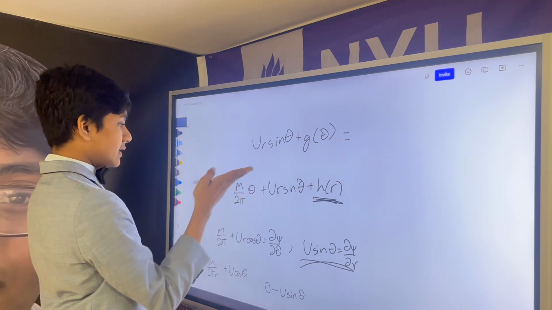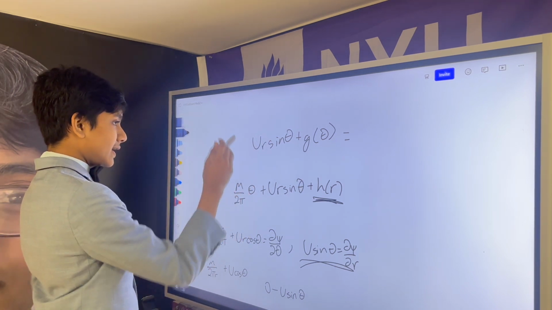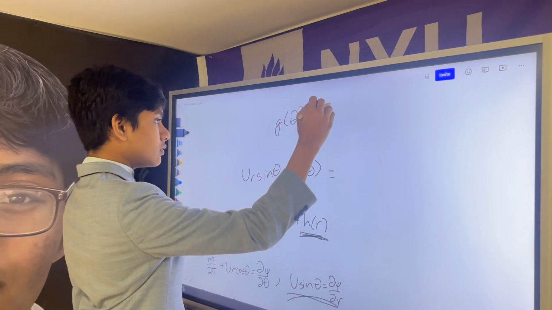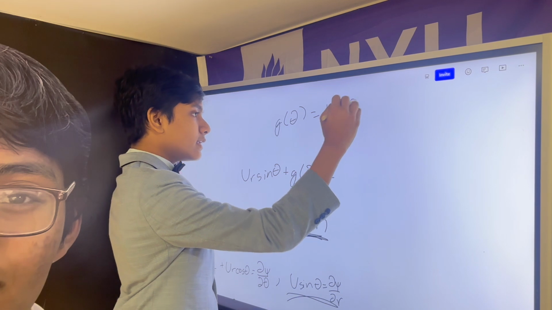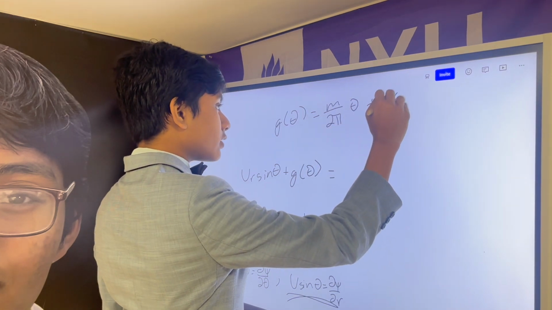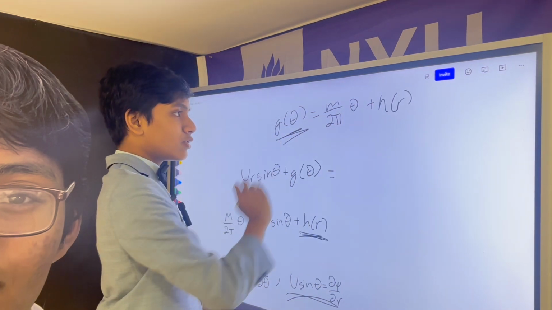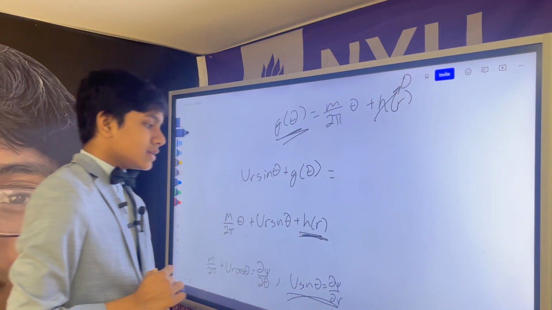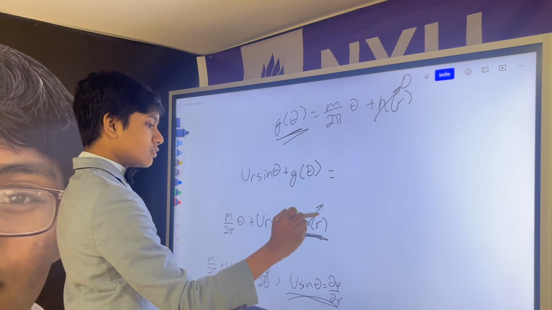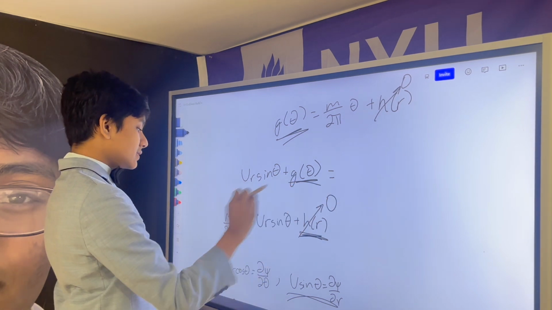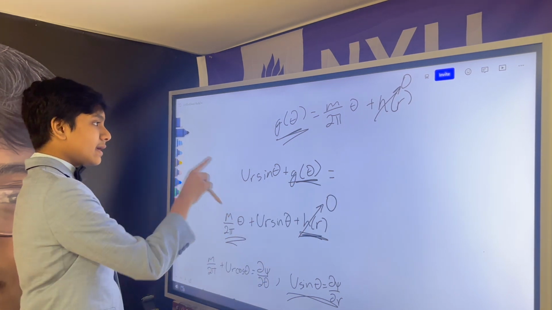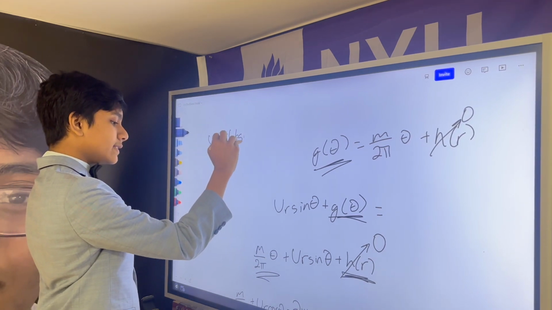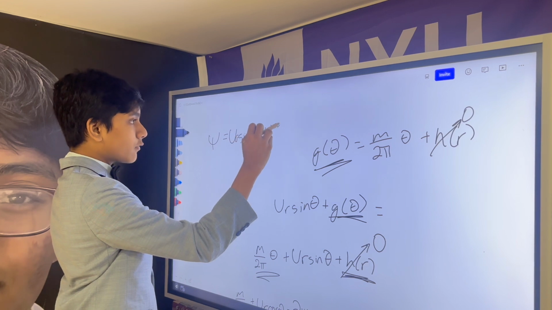Now that means that these two are going to cancel out, and g of theta is going to be equal to m over 2 pi theta plus h of r, and the only way this can work is if h of r is equal to 0. So h of r is equal to 0, g of theta is equal to m over 2 pi theta, and psi is equal to u r sine theta plus m over 2 pi theta.